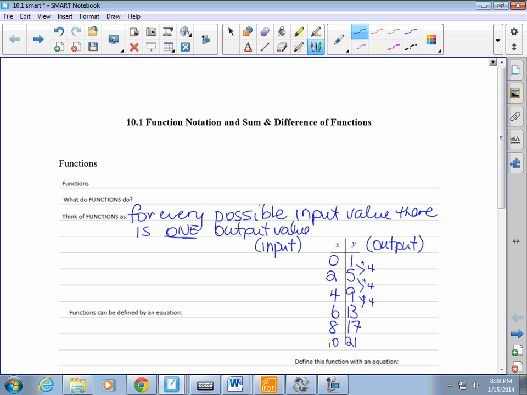When I input a 4, I ended up at 9. So if you think of 2 and 5, the relationship is there. If you double 2, you get 4. You add 1, you get 5. For 4, if you double 4, you get 8. You add 1, you get 9.